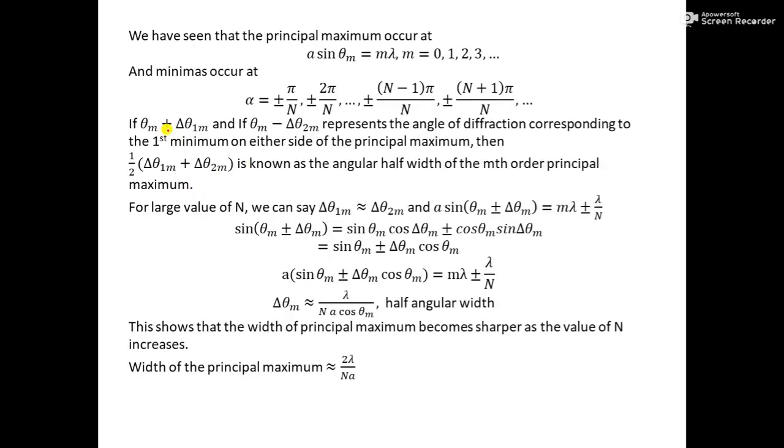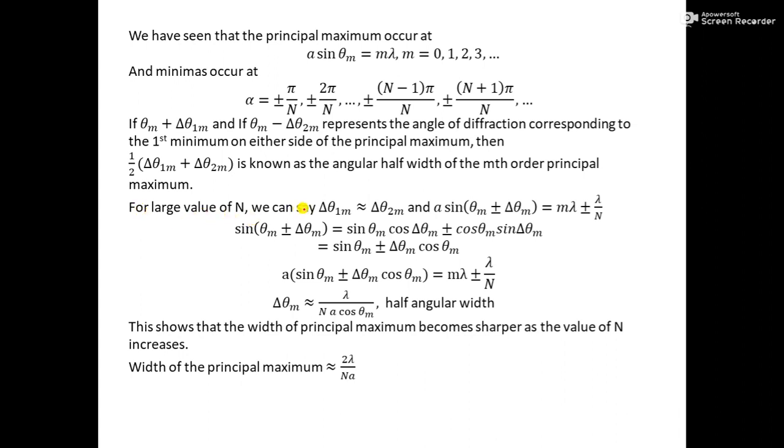So if θm + Δθ1m and θm − Δθ2m represent the angles of diffraction corresponding to the first minimum on either side of the principal maximum, then half of (Δθ1m + Δθ2m) is known as the angular width of the mth order principal maximum.